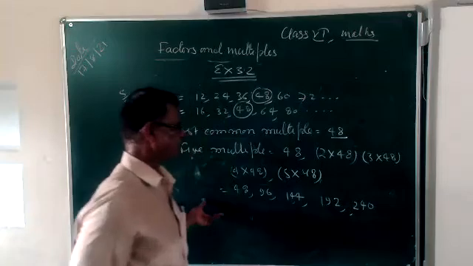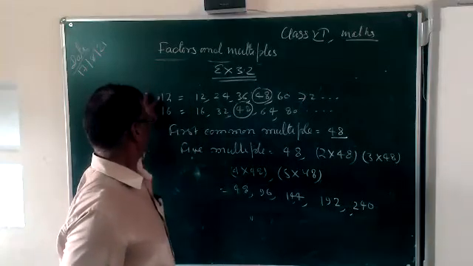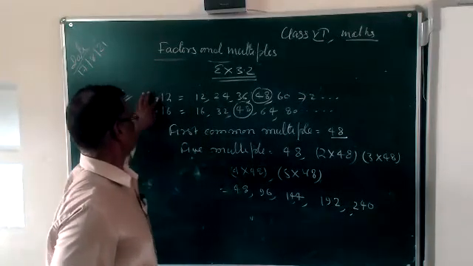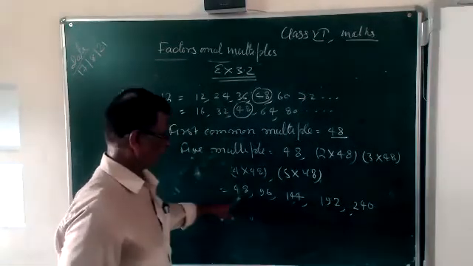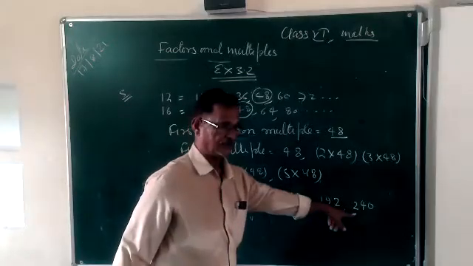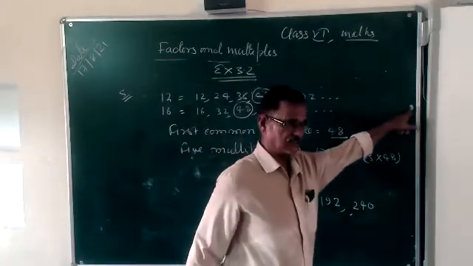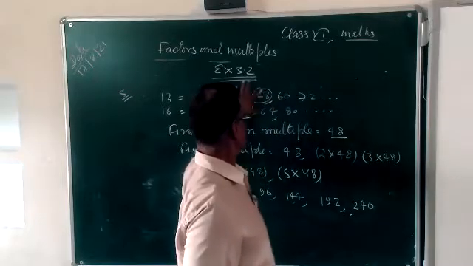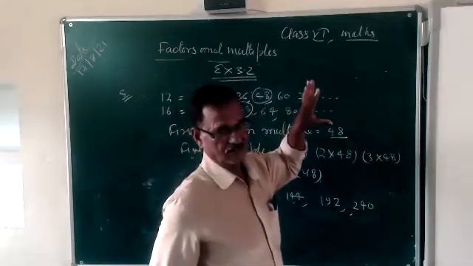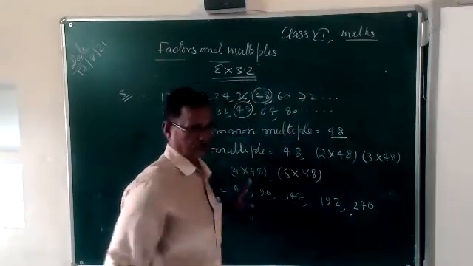These are the 5 multiples. Common multiples of 12 and 16: 1, 2, 3, 4, 5. The other method: you write all the multiples of both, and write the common multiples. This way you can do this question.